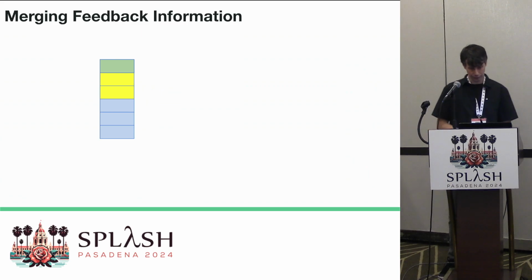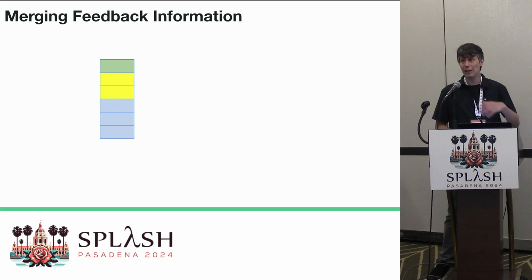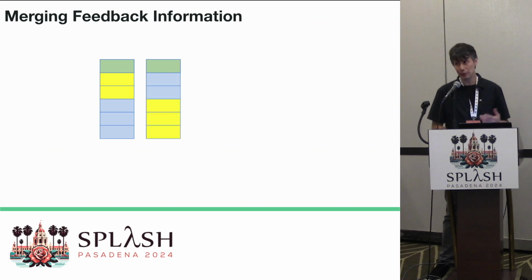And lastly, for the merging information, sometimes we will be compiling with a feedback vector which has some empty slots, some missing information. And for that, let's say there is some other feedback vector available for the same function with complementary information.